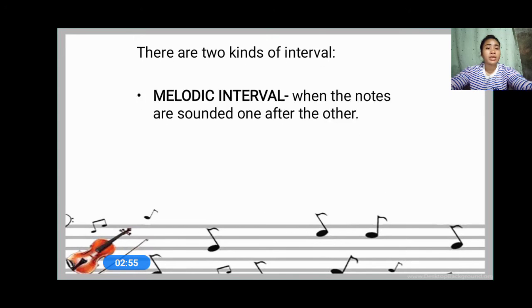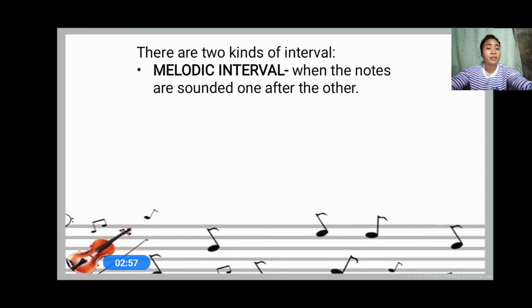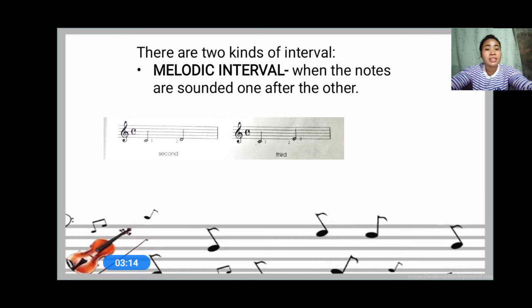Now, there are two kinds of interval. The first one is the melodic interval, wherein the notes are sounded one after the other. Okay, example. The second melodic interval, 1, 2.